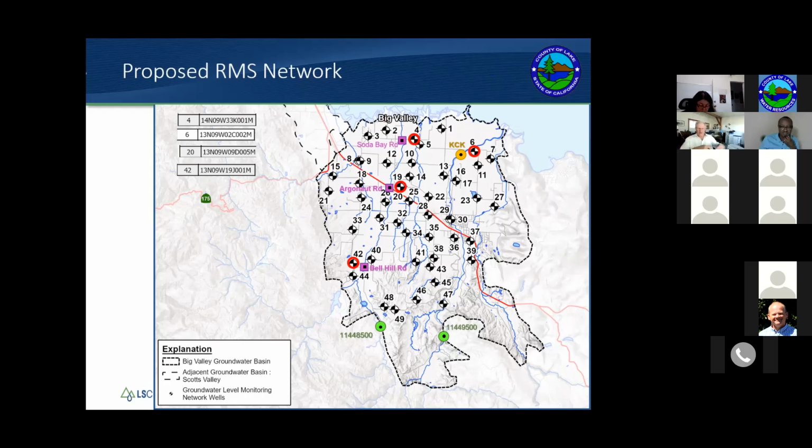And Sarah, for her research, she knows a lot, which she's working on too. So for example, that USGS gauge up there is the only information that you have, and it's a good source of how much water is coming into Big Valley through Kelsey Creek. That's got to be the starting place right there.